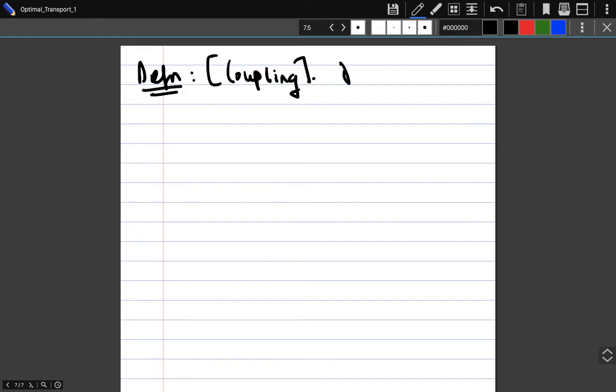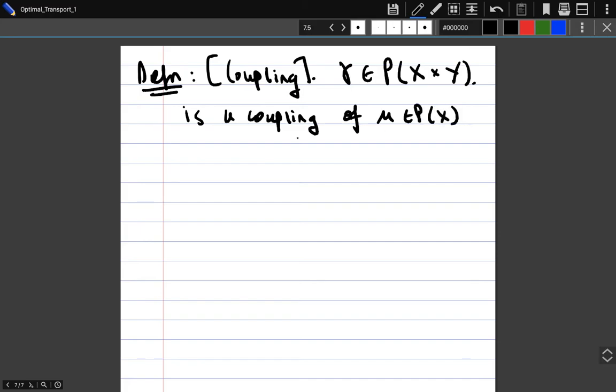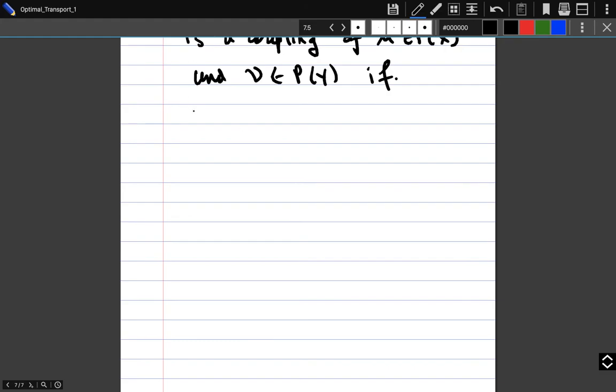A coupling is a probability measure on the product space of X and Y. And so gamma is a coupling of mu, which is a probability measure on X, and nu, which is a probability measure on Y, if the following holds. What you want is to satisfy some sort of marginal condition.